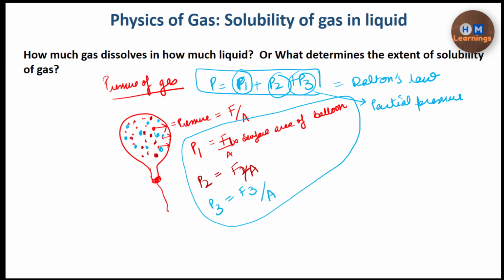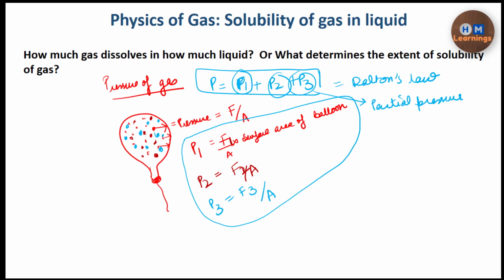Now, if the gas you have filled in the balloon is a mixture of different gases, the pressure exerted by an individual gas is termed the partial pressure of that gas. And the total pressure exerted by the gas will be equal to the sum of the individual partial pressures of each of the gases.